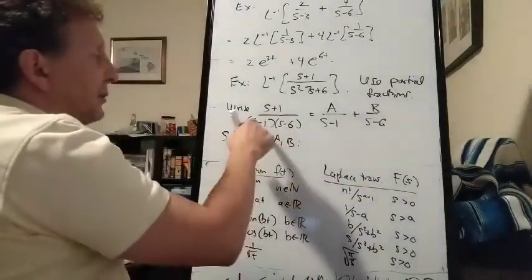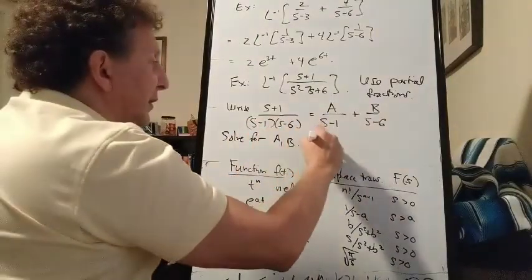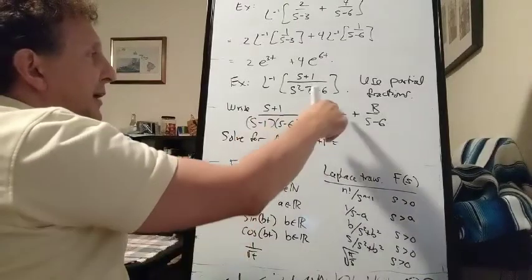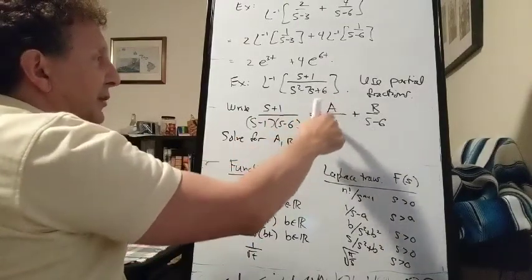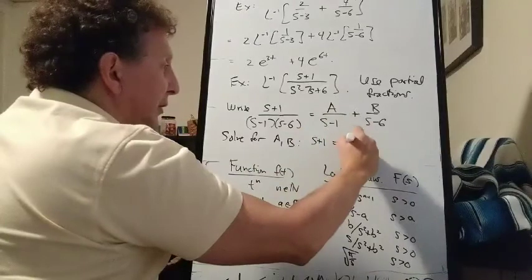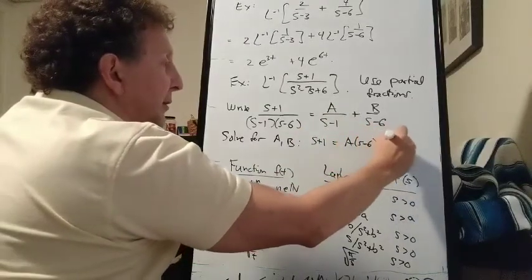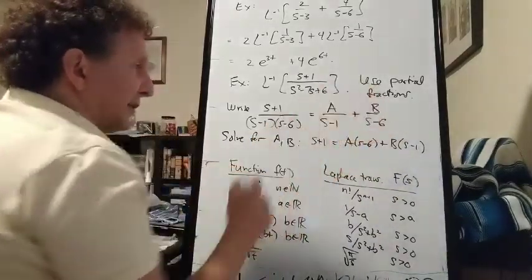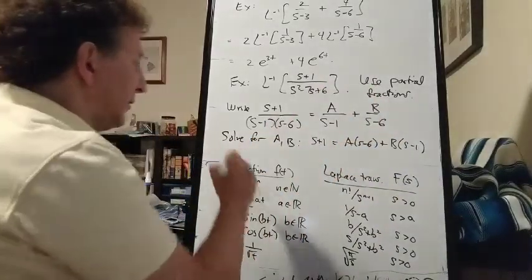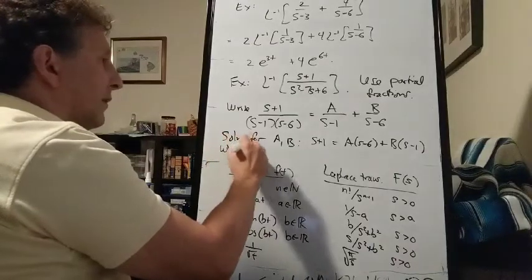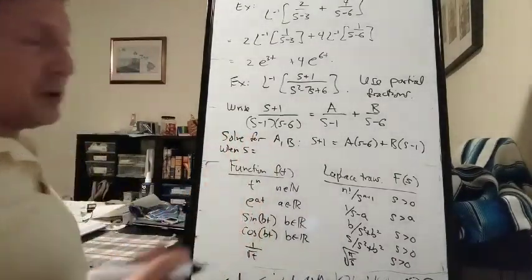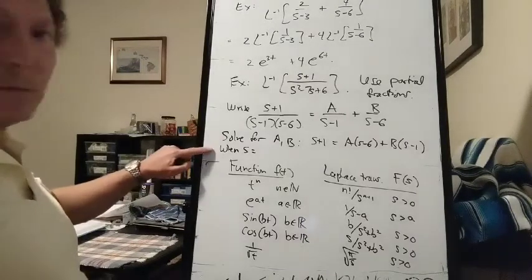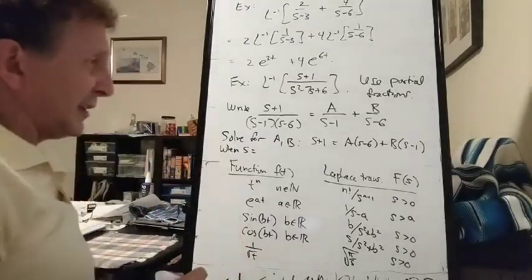So if we multiply both sides by s minus 1 times s minus 6, that leaves us with s plus 1 on the left-hand side equals a times s minus 6 plus b times s minus 1, because the s minus 1 and s minus 1 cancel, and the s minus 6 and the s minus 6 cancel. Then the first two good choices of numbers to plug in for s are s equals 6 and s equals 1.